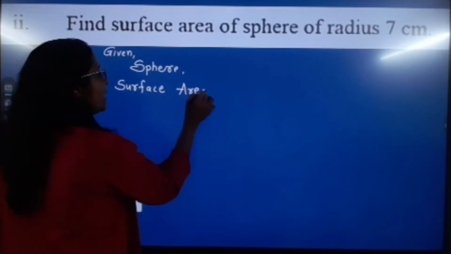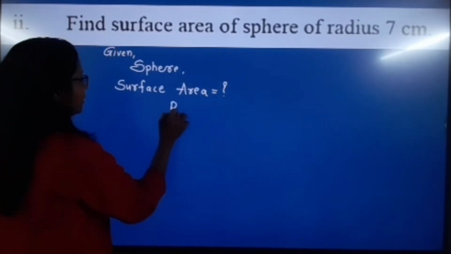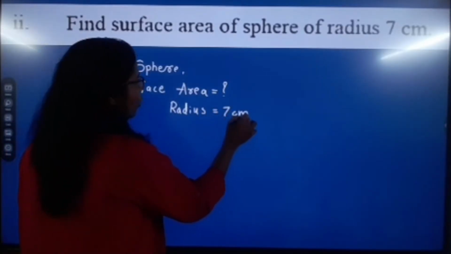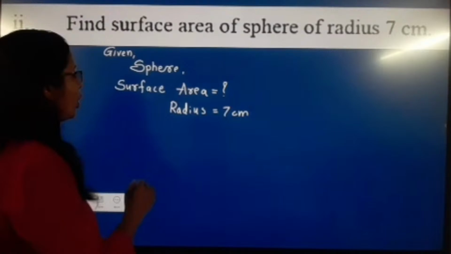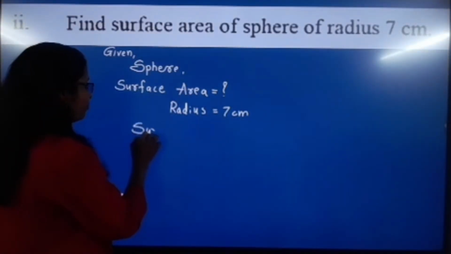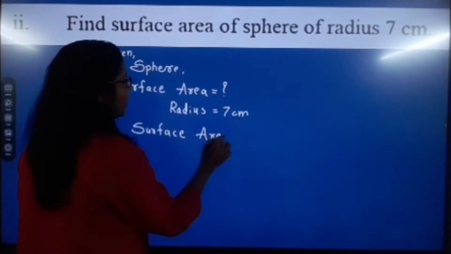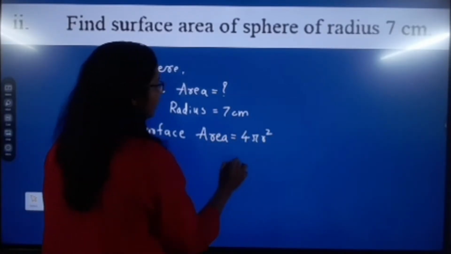So I write down surface area is equal to question mark, and then radius is equal to 7 centimeter. Okay, students. So here we have to calculate the surface area. So we know the formula for the surface area. What is that, students? Surface area is equal to 4 pi r square.